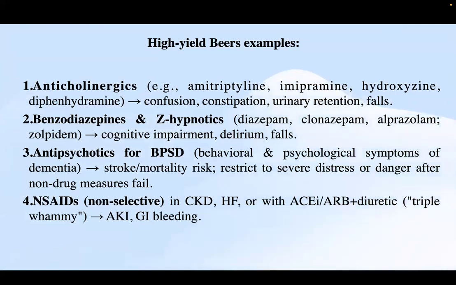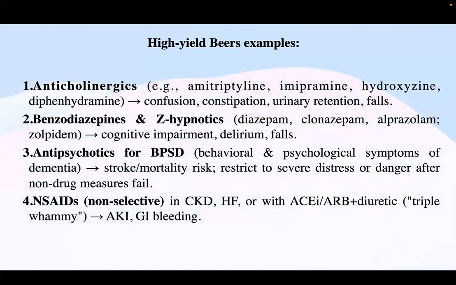So, that is very important to monitor if you are using any kind of antipsychotics in the geriatric population for dementia management. Okay. Fourth is NSAIDs, that is non-selective, if you are using them in CKD, or in any kind of heart failure case, or with the combination of ACE or ARB plus diuretics, which is known as the triple whammy effect.